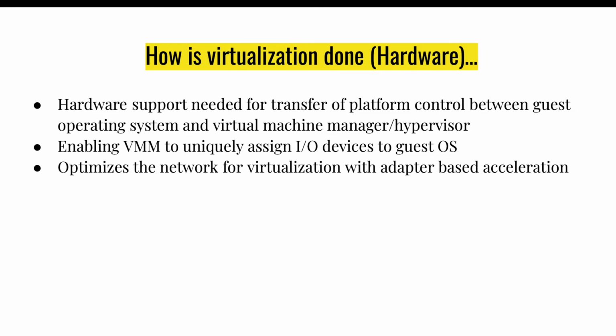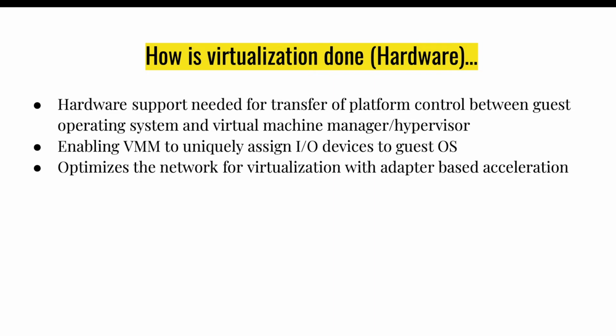Okay, so how is it done? Basically, on the hardware side, you have a transfer of control between the guest operating system and the virtual machine. There is a hypervisor which does that role, also called a virtual machine manager.